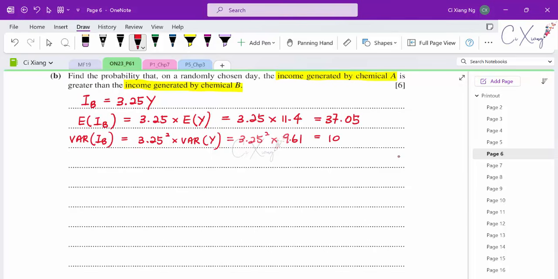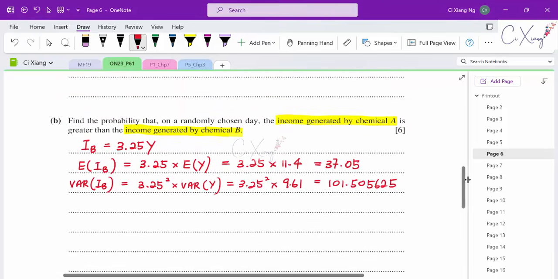Okay, so if I try to press calculator, I'll get a quite long value here. Because this is not my final answer yet, right? So usually I will just keep it as long as possible, like what the calculator showed me. I will need to use this full value later for the calculation of probability.